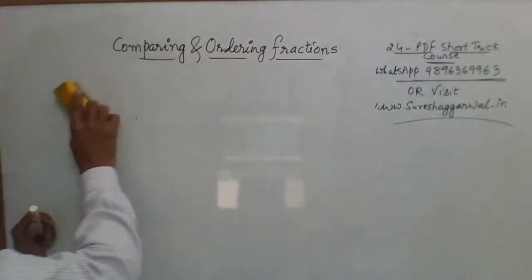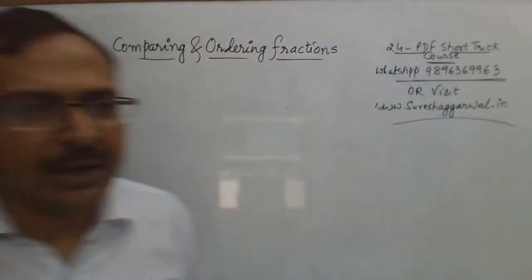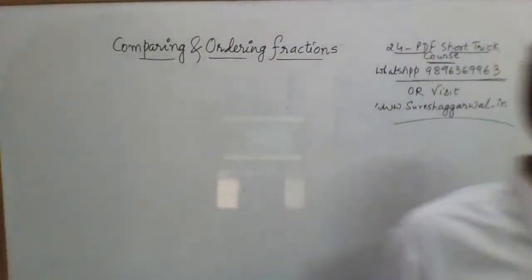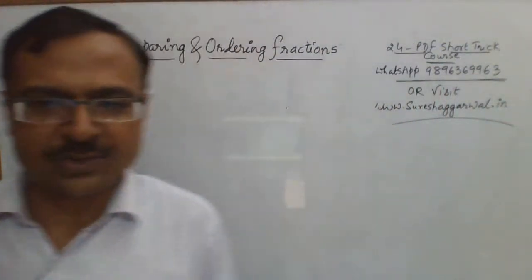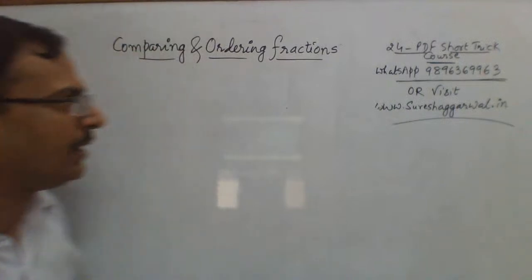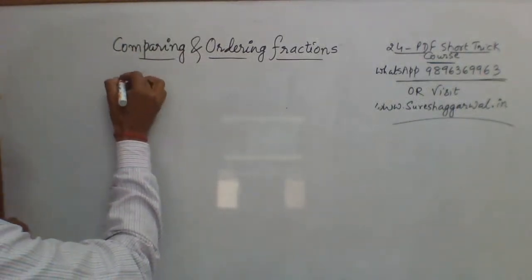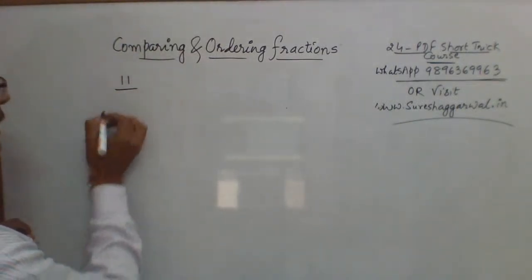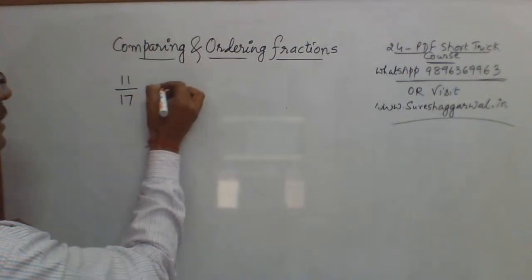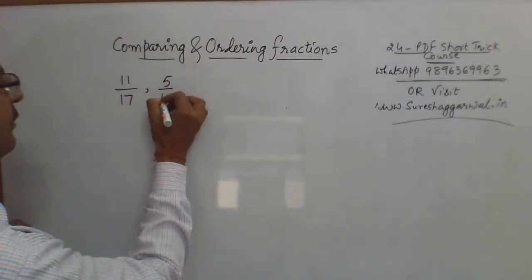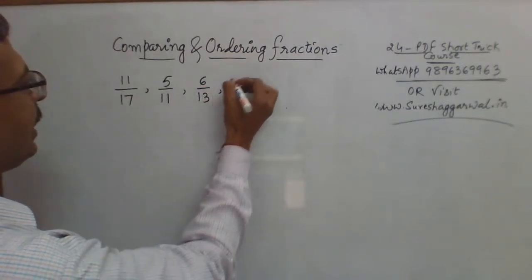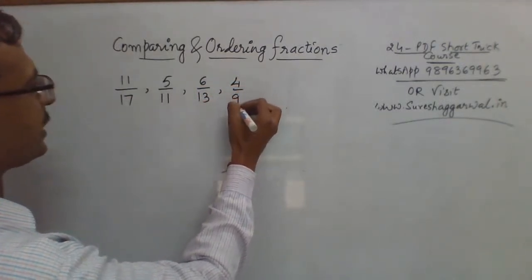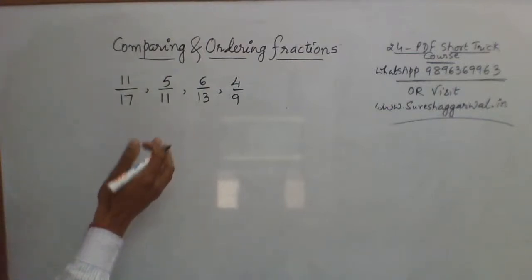The question will again be based on the ordering of the fractions. If you can order the fractions correctly, this will be an easy one for you. Just be careful, it is a little bit tricky. The fractions are 11 by 17, 5 by 11, 6 by 13, and 4 by 9. The denominators are a little bit large.